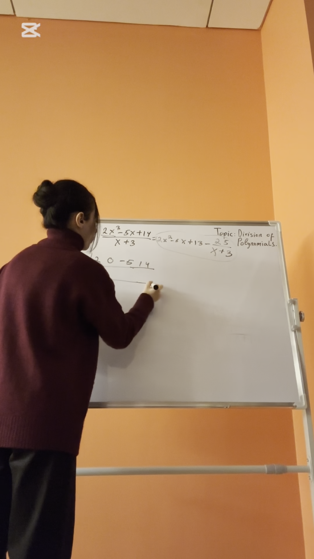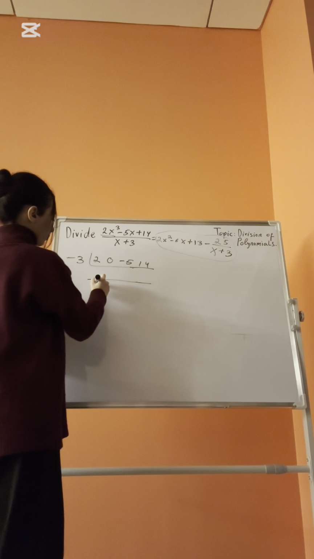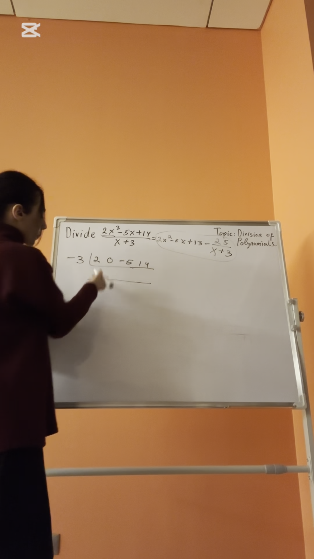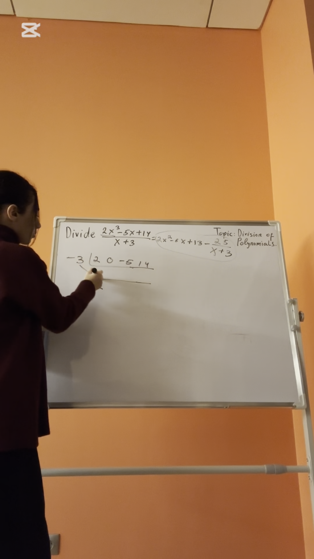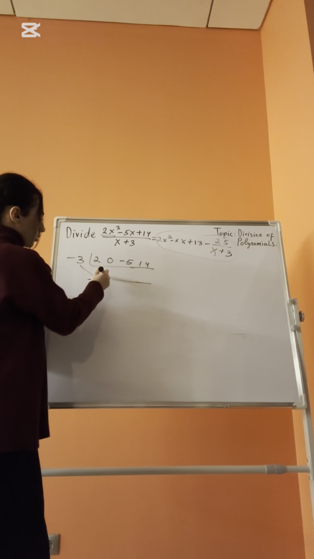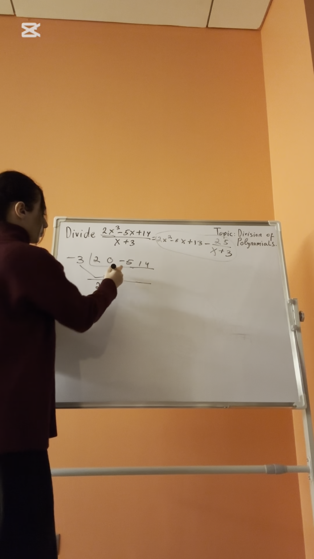So now I will put 2 here, and then I will multiply 2 by minus 3 and write the answer here, not here, but here. It will be minus 6.